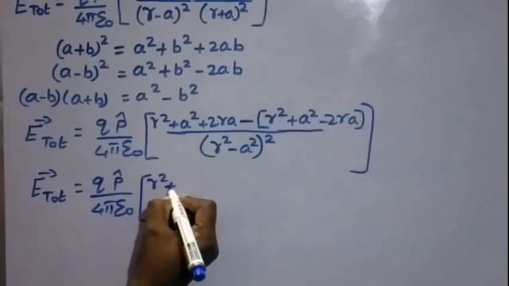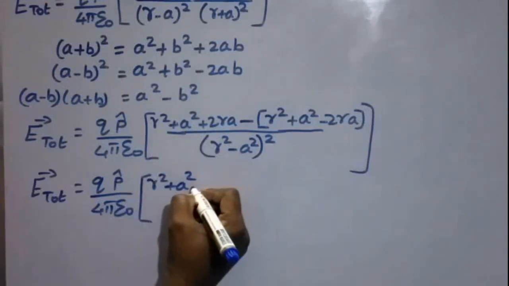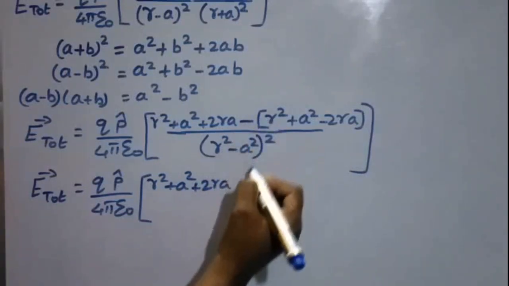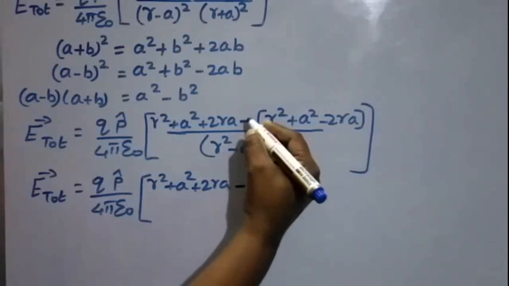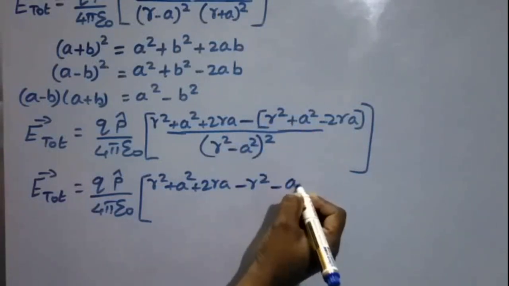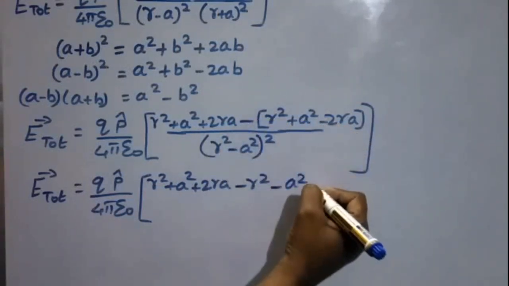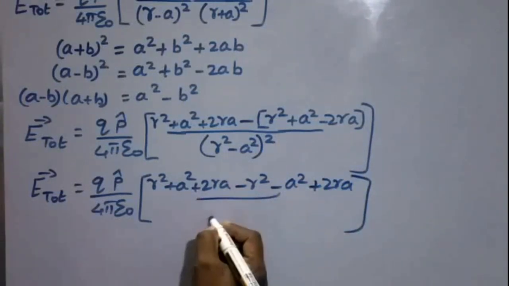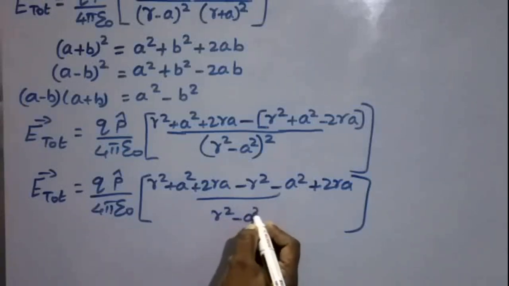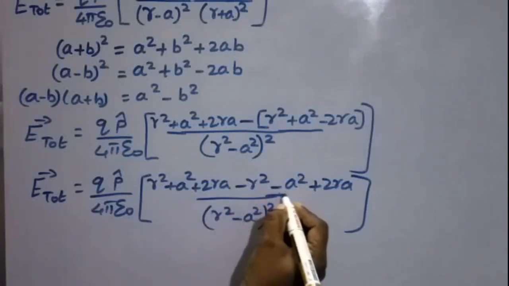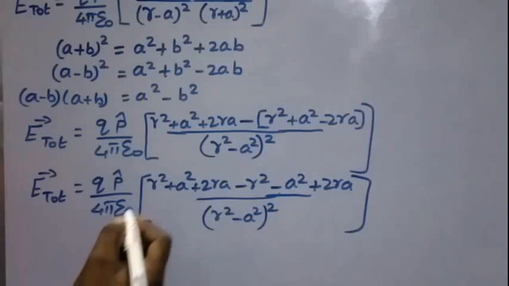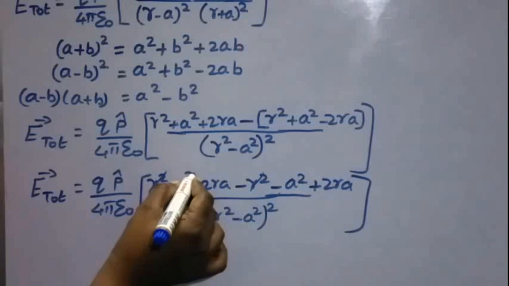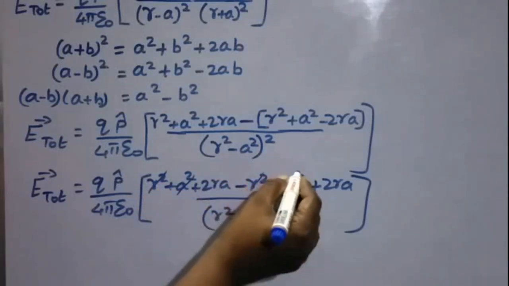Okay. Now the next step is E total vector equal to q p cap by 4 pi epsilon 0 into r square plus a square plus 2ra, here plus, here minus. So minus into plus minus r square, minus into plus minus a square, minus into minus plus 2ra, divided by (r square minus a square) the whole square. Now plus r square minus r square get cancelled, plus a square minus a square get cancelled.